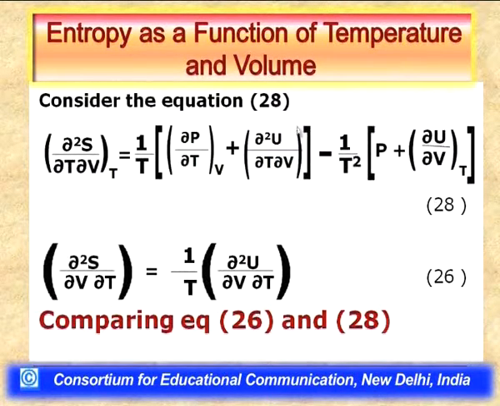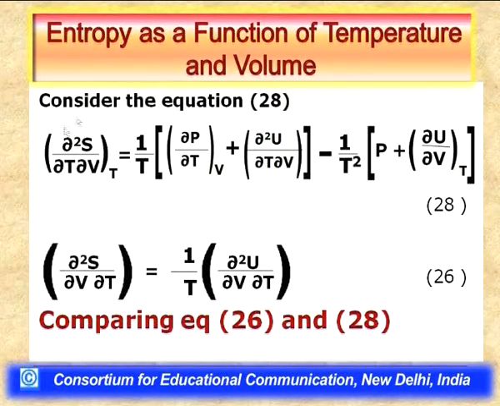Again carrying forward with equation 28, the idea is that this is equation 28 we got. If you remember, equation 28 we got when we differentiated equation 20, involving one of the differential coefficients, with respect to temperature, and equation 26 we got when we differentiated the first differential coefficient with respect to volume.